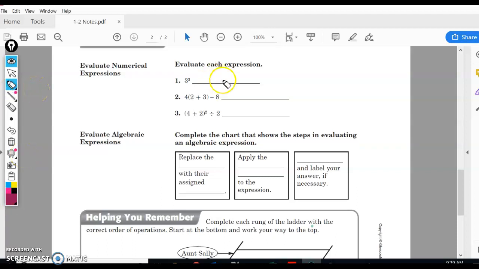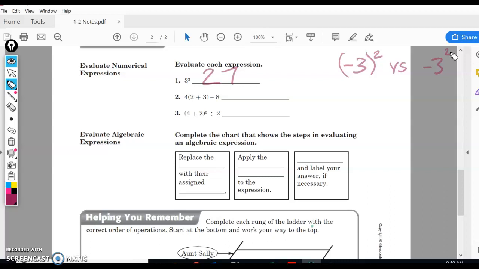Evaluate each expression, 3 to the third power, simply 27. A big thing I'm going to do on the side over here, pretty important. If you have, let's say, (-3) squared versus, let's say, -3 squared without the parentheses.